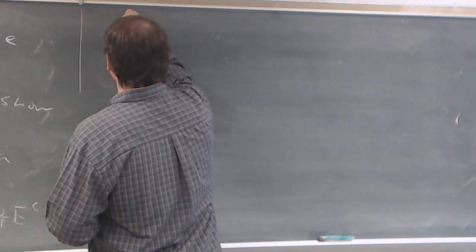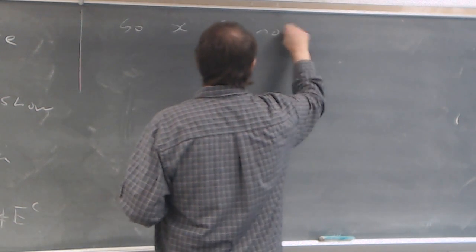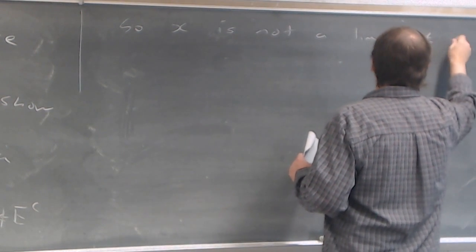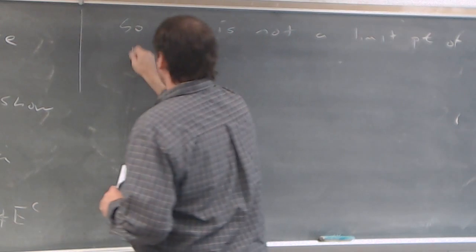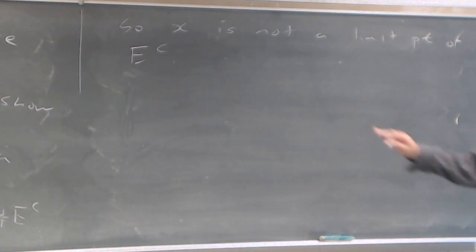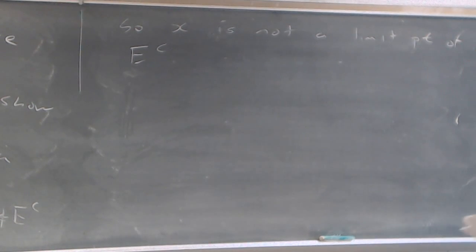So let me write that down. So x is not a limit point of what? Of E complement. Because if it were a limit point of E complement, and E complement being closed, it would have to contain x. But it doesn't contain x.